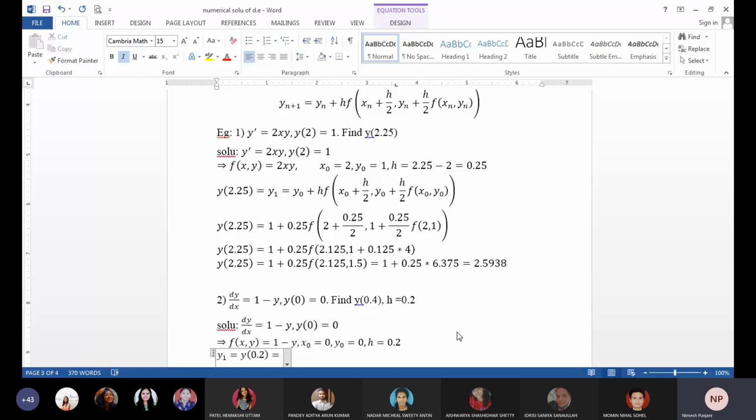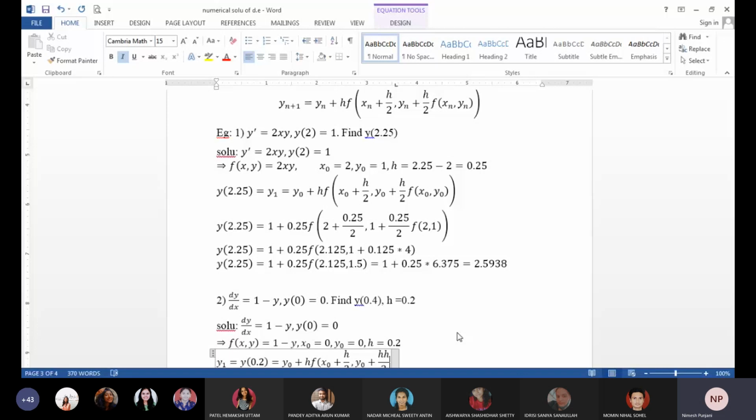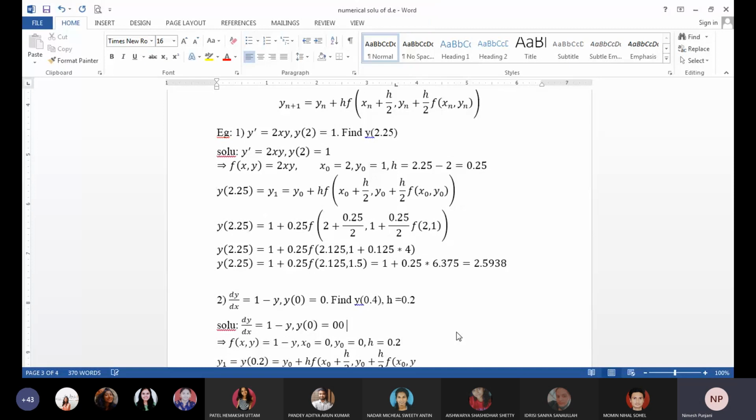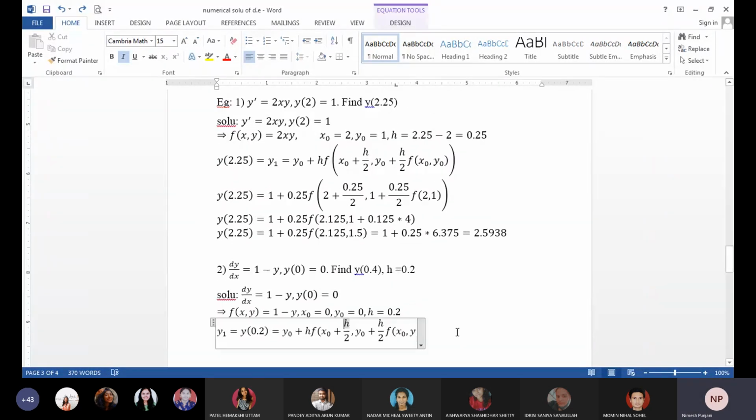So y1, that is y of 0.2, will be y0 plus h f of x0 plus h by 2, y0 plus h by 2 multiplied by f of x0 comma y0. First I'll write down both the formulas and then we will proceed.